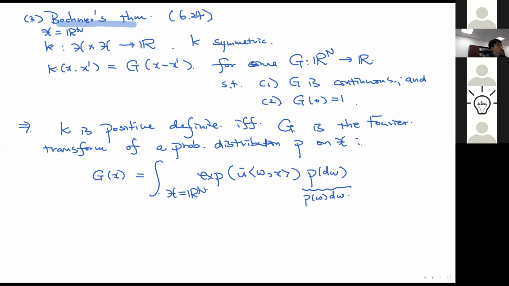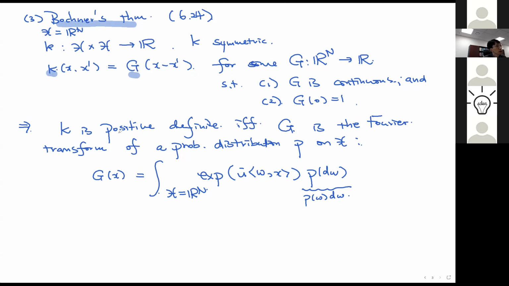So what does that tell us? This tells us that if K is of this form, K is essentially defined in terms of a difference between the two inputs x and x prime, and then there's some transformation afterwards.